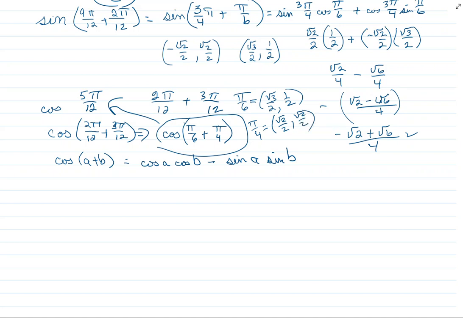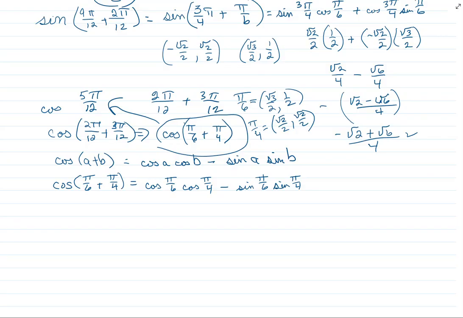Okay? All right. So I'm going to now insert what I want to work with, the cosine of pi 6 plus pi fourths. And it doesn't matter which way we work it. Is that clear? Addition is commutative, so we can flip them if you want. It doesn't matter to me. So I'm going to have cosine of pi 6 times the cosine of pi fourths minus the sine of pi 6 times the sine of pi fourths.